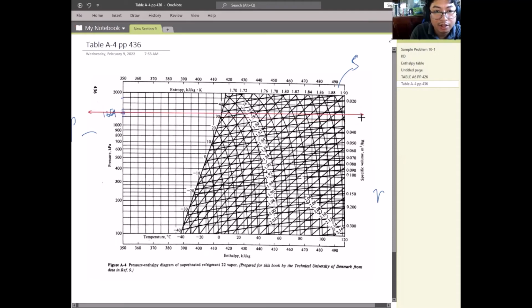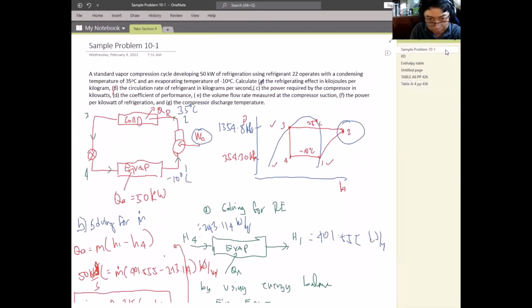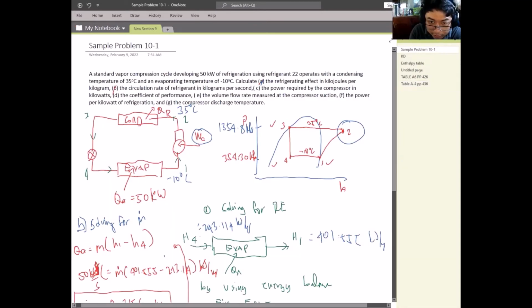This is a brief estimation, so we need one more line. Notice on the chart that point 1 to point 2 is a constant entropy process, so we will need the entropy at point 1, which is in the saturated vapor state.